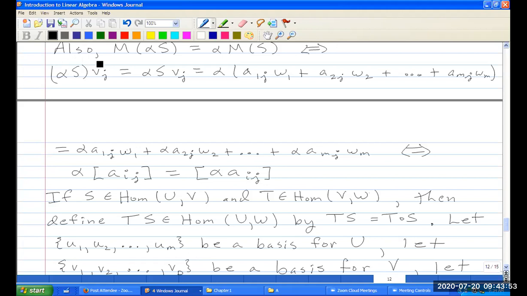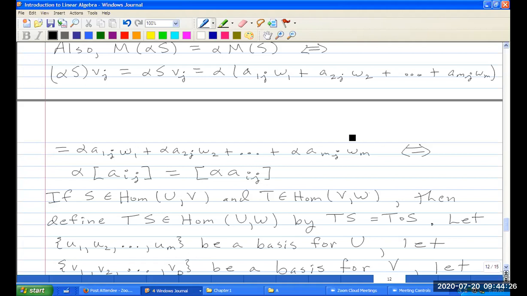Alpha S Vj is just alpha times S Vj. Well, S Vj is A1j W1 plus A2j W2 plus dot dot dot AMj WM. Let's multiply the alpha inside the parentheses: alpha A1j W1 plus alpha A2j W2 plus dot dot dot alpha AMj WM.